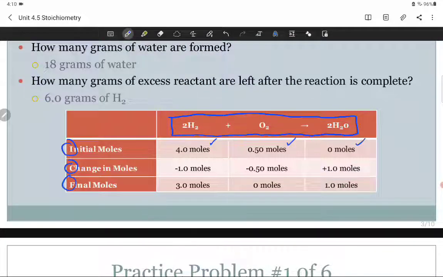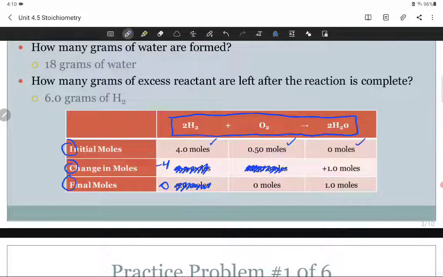Now you have to decide which item is going to be the limited reactant. So let's pretend for a second that whoever had done this question did this incorrectly. Let's say you think the hydrogen gas is the limited reactant. By definition, then, you would have to use it all up, and that would mean you'd have to subtract 4 from the initial amount of 4.